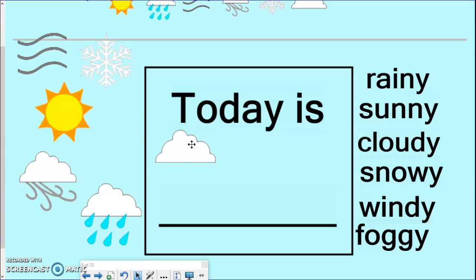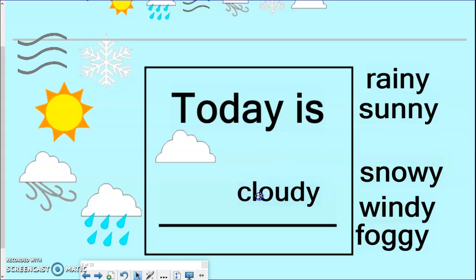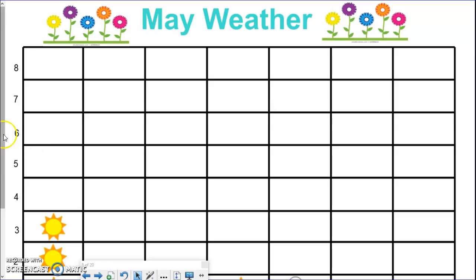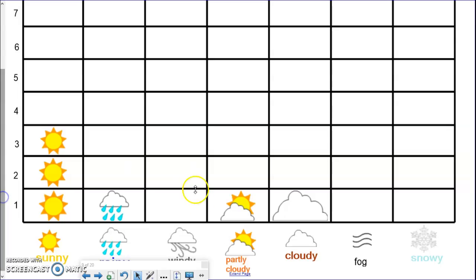I don't really see the sun. And the clouds almost look a little gloomy, like it might rain, but right now it's just cloudy. So I'm going to go ahead and graph cloudy in our May weather. There's cloudy, and there you go.